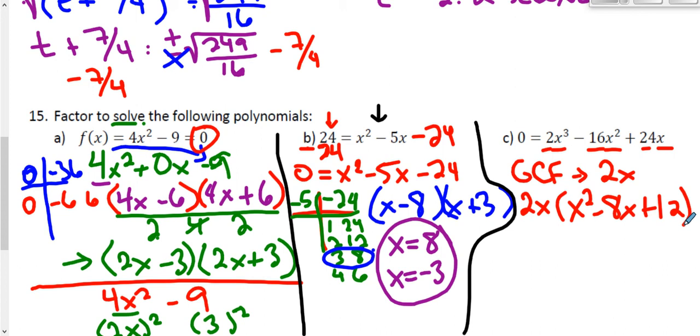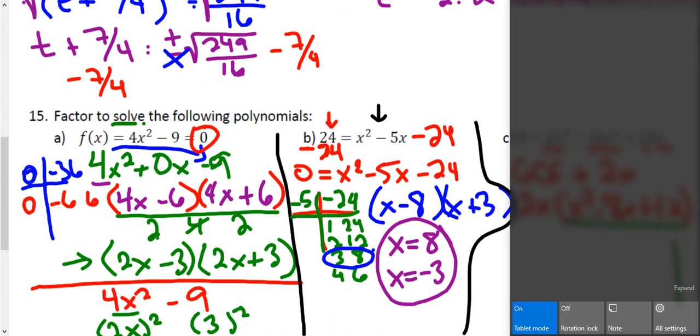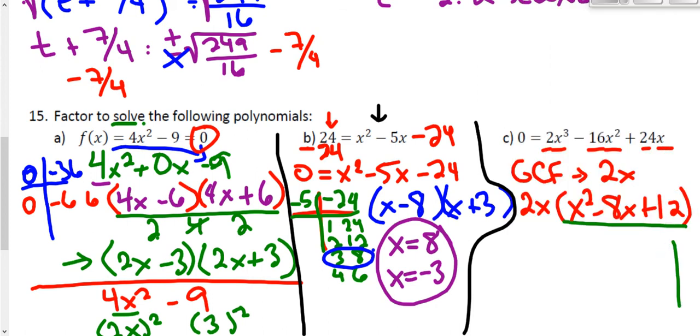Now that the 2x is in the front, I'm going to be able to factor the rest of this quadratic here using a t-chart. So I want to find two things that multiply to 12 and add to negative 8. The numbers that multiply to 12 that add to 8 are going to be 6 and 2.